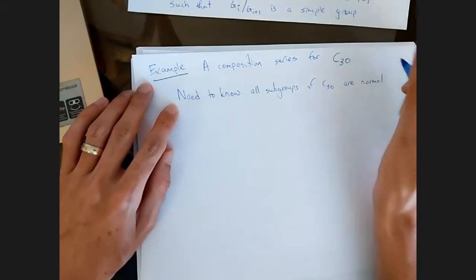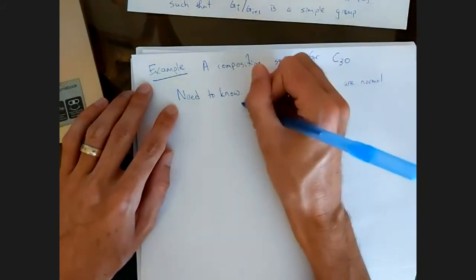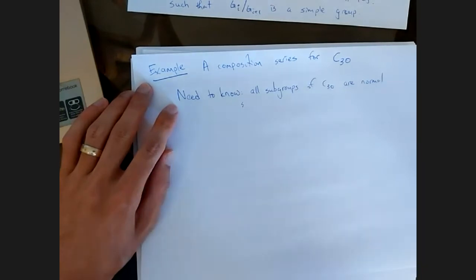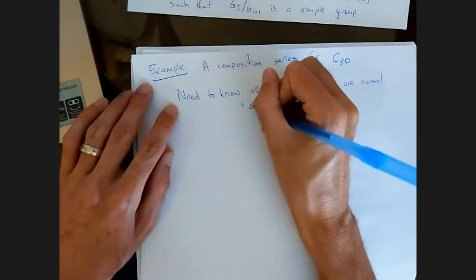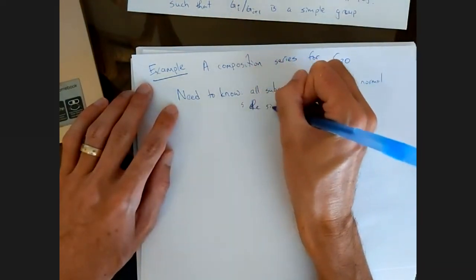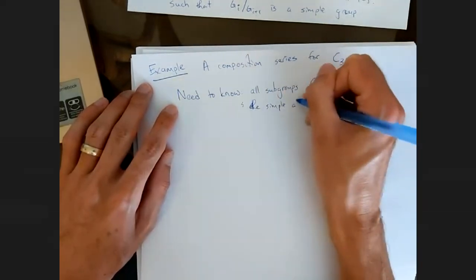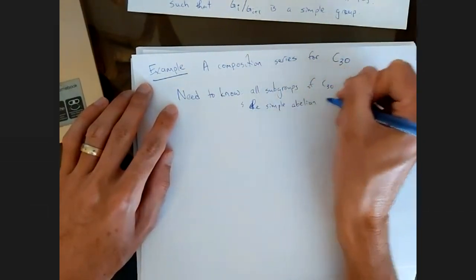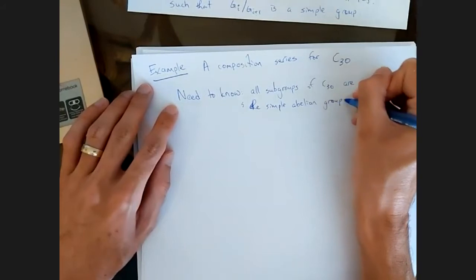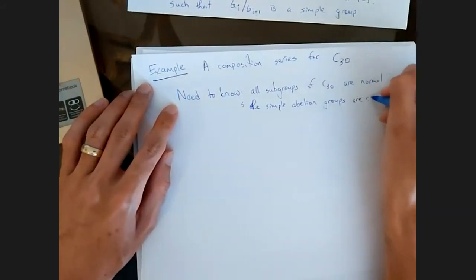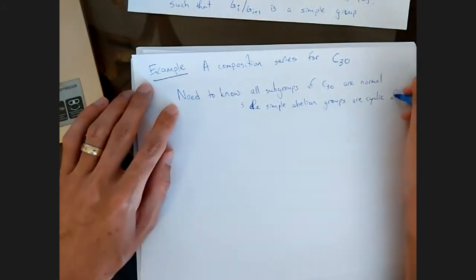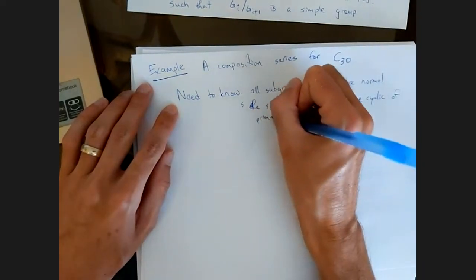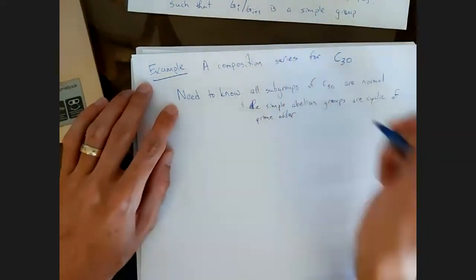We also need to know that the simple abelian groups are cyclic of prime order.